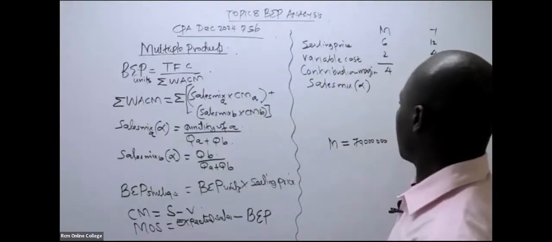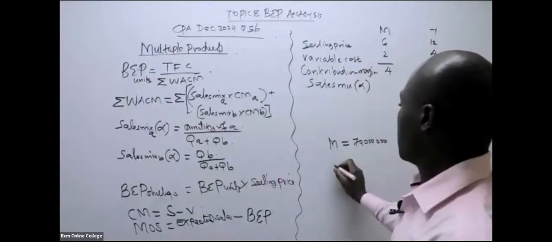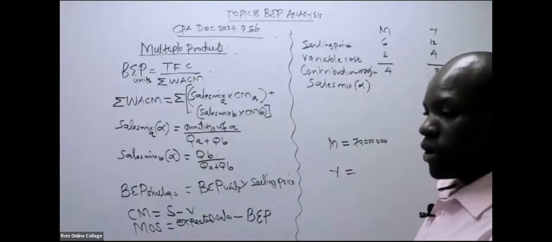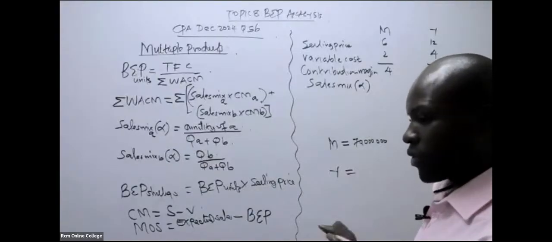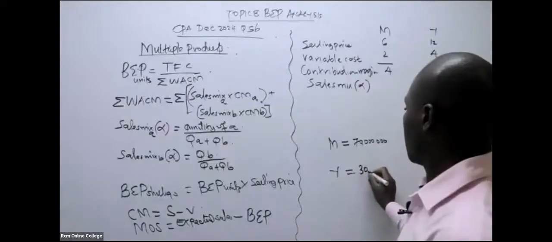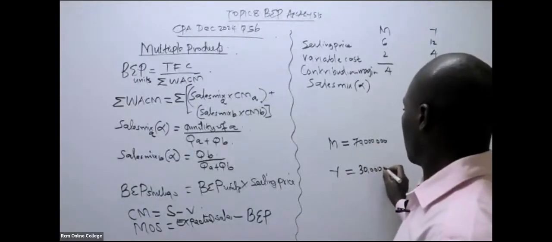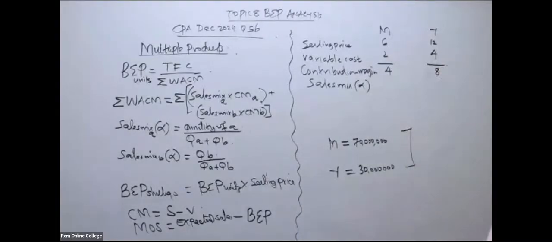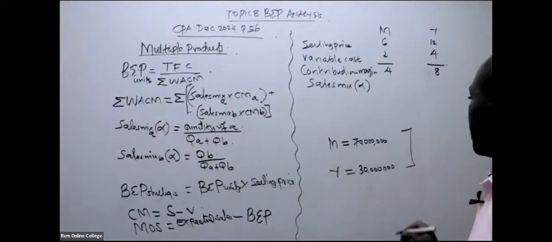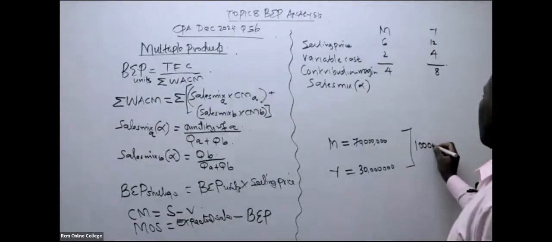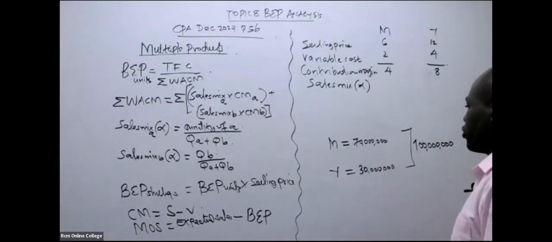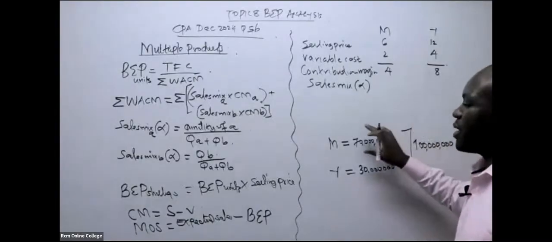Then product Y, what is the expected sales? 30 million, right? Can we get the total of these two? What is the total of the two? 100 million. So in terms of proportion, what proportion of this total is taken by product M?